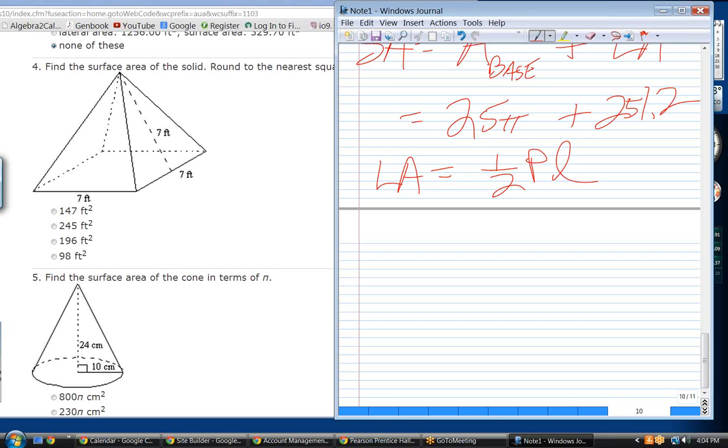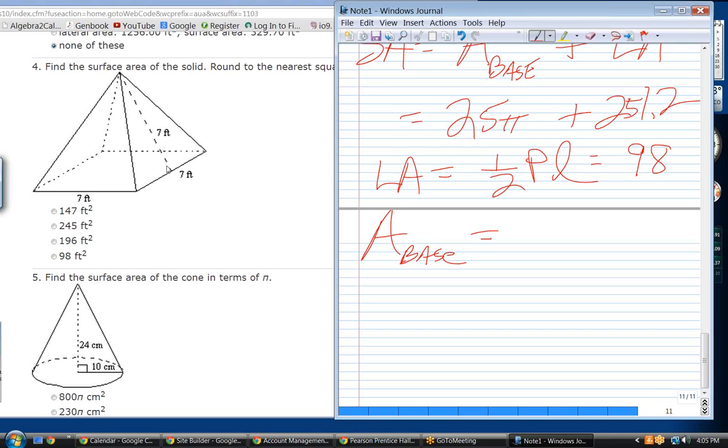The perimeter is 28, so that'd be 14, and then the slant height is 7, times 14. So the lateral area is 98. What's the area of the base? The area of the base is 28. What's the area of that square?